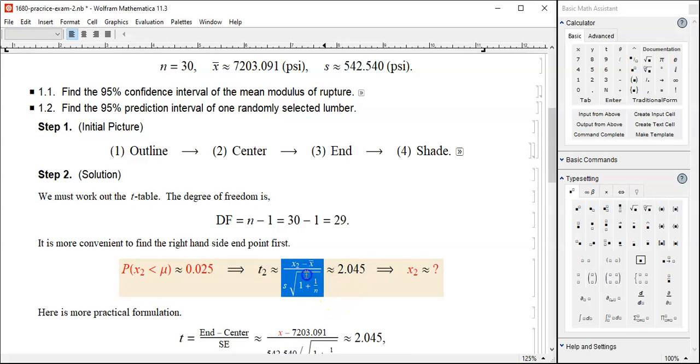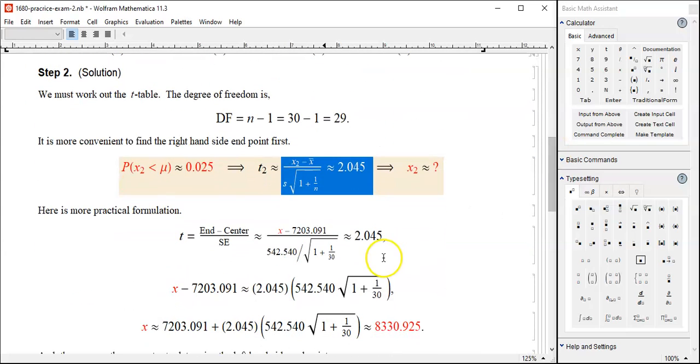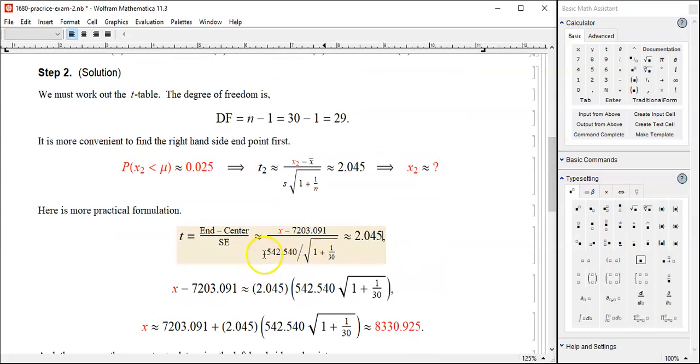All you have to do now is to solve this equation algebraically. Let's do that. This is a standard deviation, 540, and times that figure, and that's going to be the denominator. And the numerator is the same as before, x minus the center. And that is equal to this t-statistic.